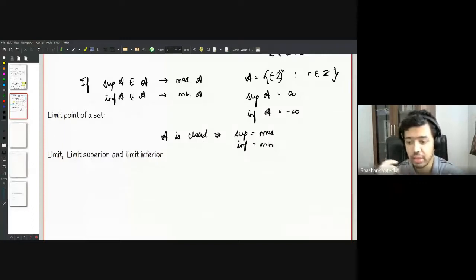The supremum is always some real number, or it's infinity, and the infimum always exists, or it could be minus infinity. For complex sets, we don't have any order, so we're defining the supremum and infimum only for real sets.